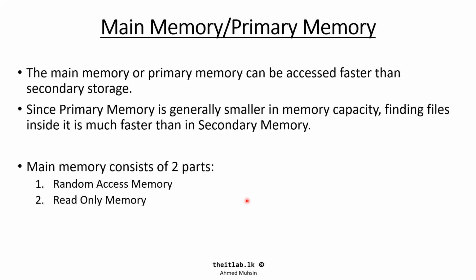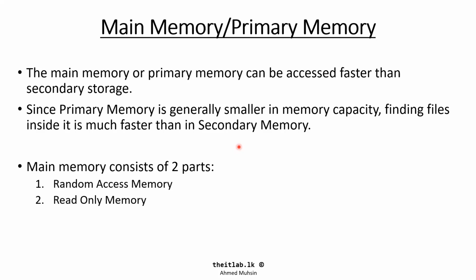So what is the reason behind primary memory having such a great read-write speed? The reason is that primary memory is generally much smaller in memory capacity, so finding files inside it is much faster than in secondary memory.